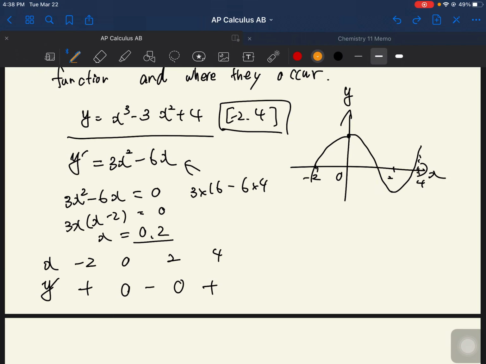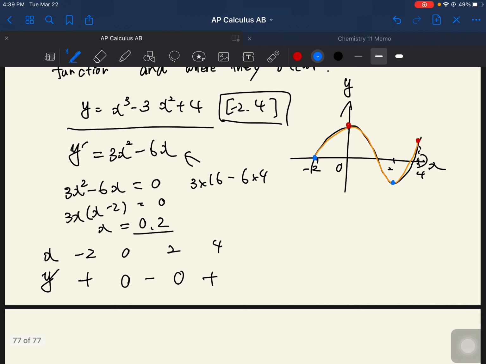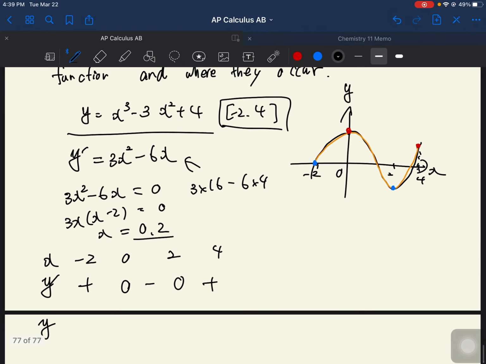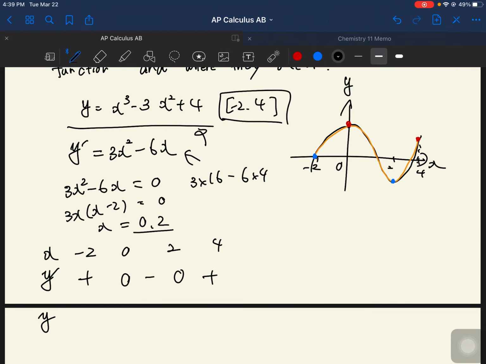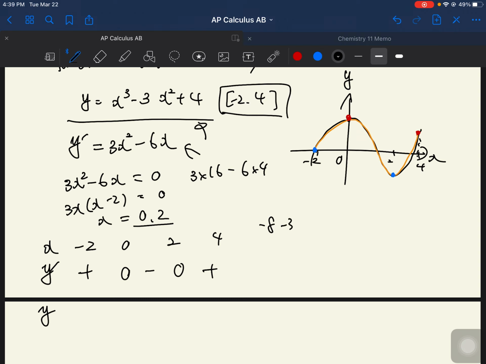So there are some possibilities, like the maximum value would be this one or this one, and the minimum value is going to be this one or this one. So let's find out. When x equals -2, the y value is going to be -8, -3 times 4 plus 4, which is -8, -12 plus 4, which is -16.